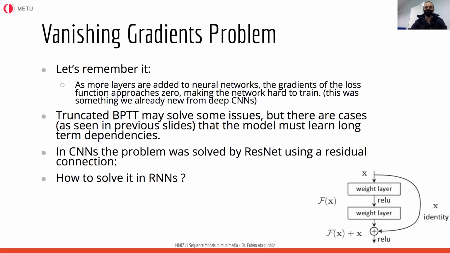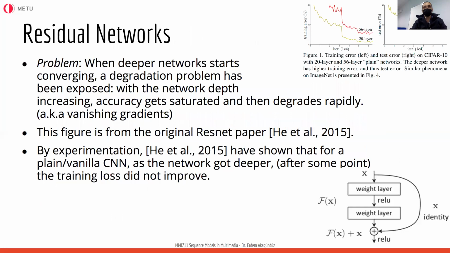Actually, in their paper, Kaiming He and others studied this problem in 2015. They started with this discussion. They worked on the CIFAR-10 dataset, which was one of the earliest datasets that you could work on for convolutional neural networks.